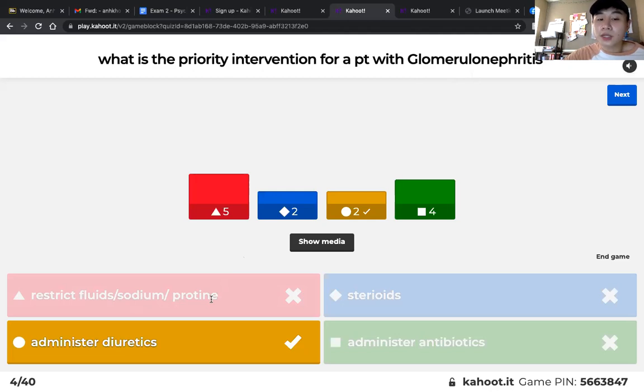So we need to decrease protein in glomerulonephritis, but in nephrotic syndrome, we need to increase the protein in the diet. And steroids: glomerulonephritis causes inflammation, so steroids will help decrease the inflammation. Antibiotics are to treat the infection that causes the glomerulonephritis, the strep. Glomerulonephritis is often caused by strep, so please remember that.